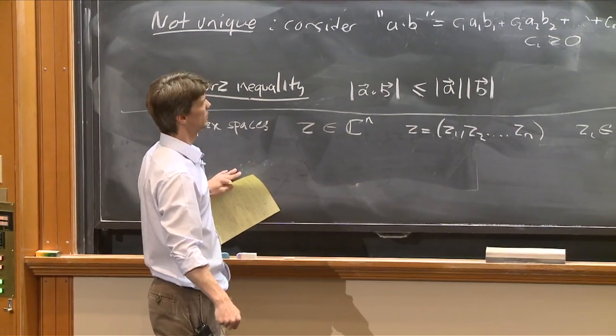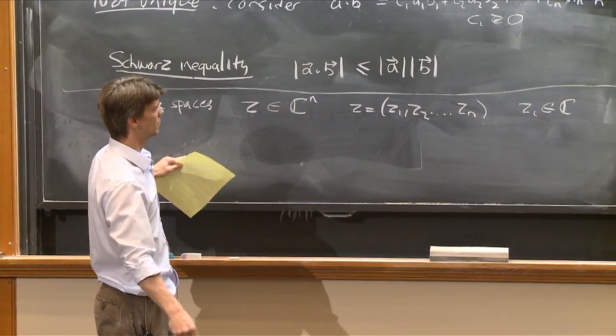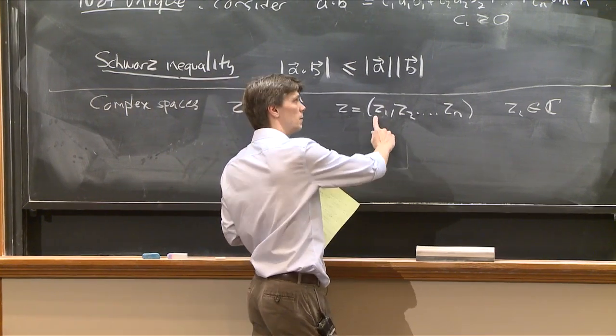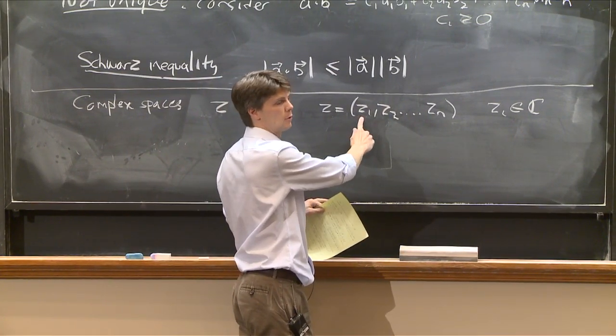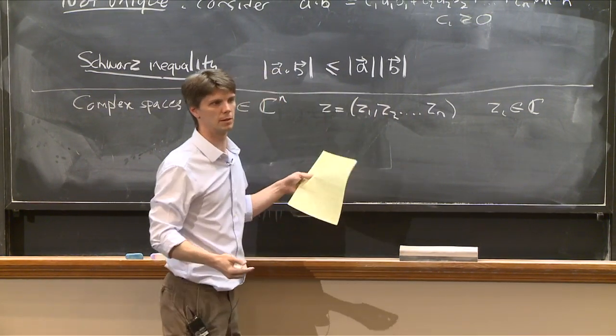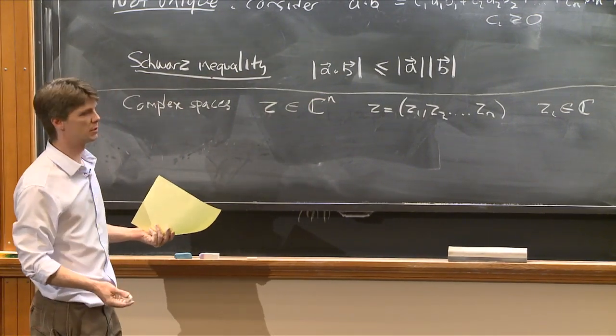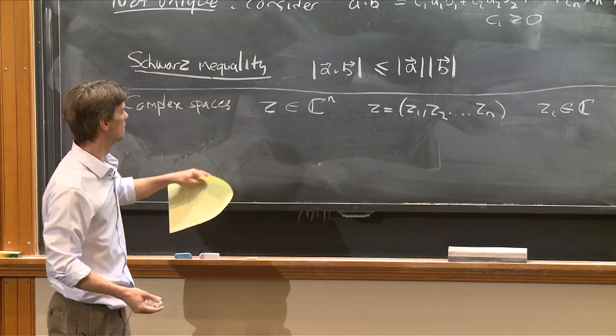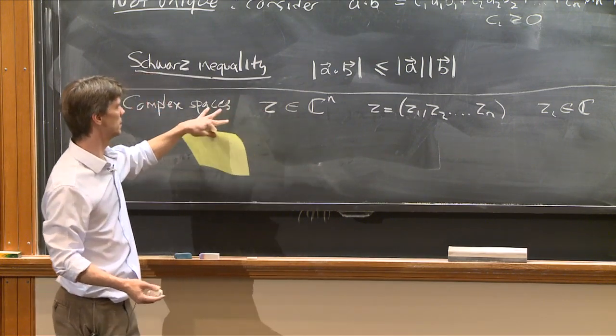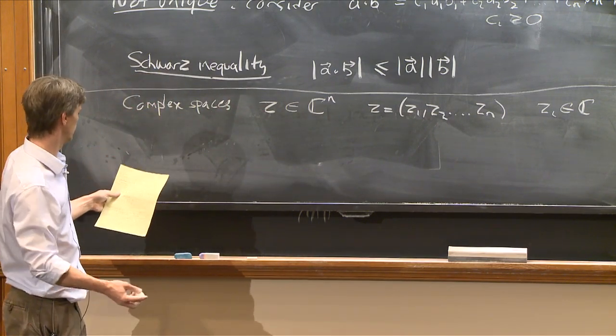Well, we have to do it in two steps. We already know how to define a length for a complex number, right? It's just the absolute value, the distance from the origin in the complex plane. But now we need to do this in terms of a more complicated vector space.